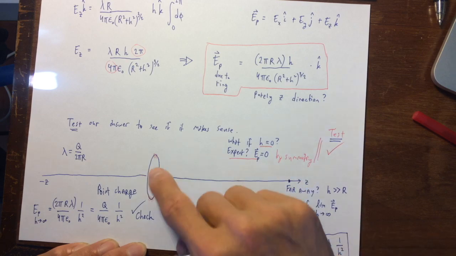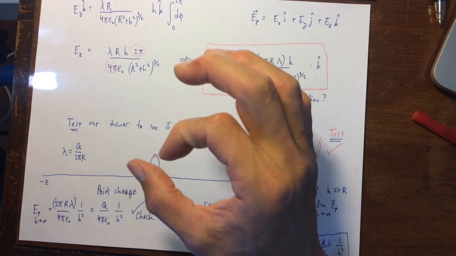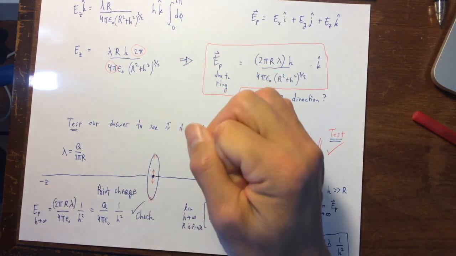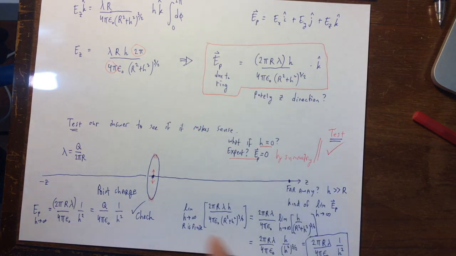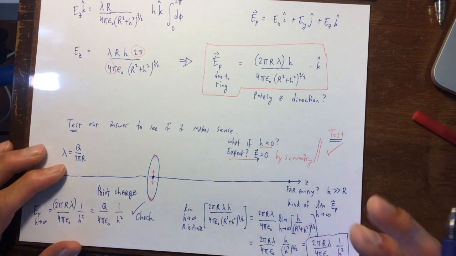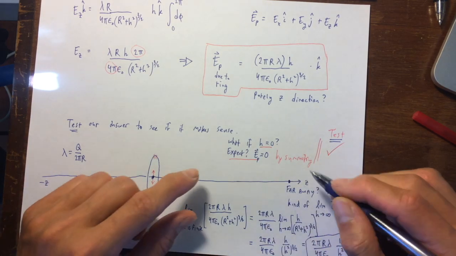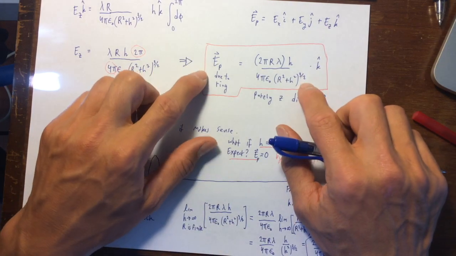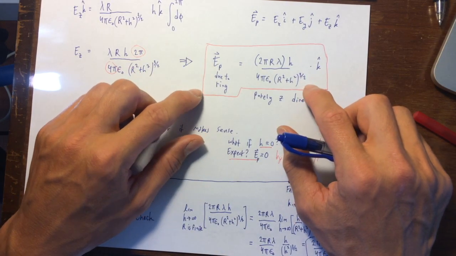If you go far enough away, this just looks smaller and smaller, more and more like a point the further away you get. So we just checked this. That's another test. There are some other tests you can do, but this is how we gain some confidence that the answer we have seems like a good answer.